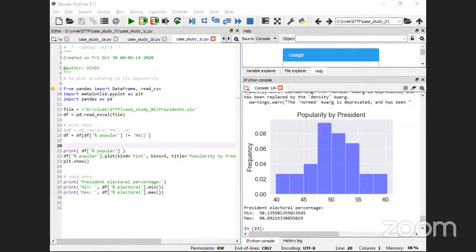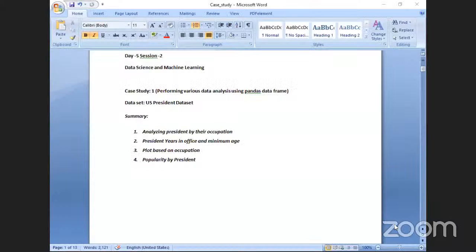The first case study is about, as I said, a president data set that is available. We did some analysis, for example, analyzing the presidents by their occupation, years in office, and minimum age, which was further plotted in a pie chart based on the occupation, and histograms were used to measure the popularity by president.